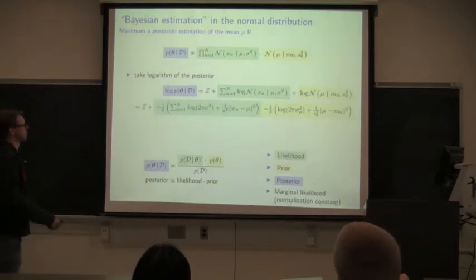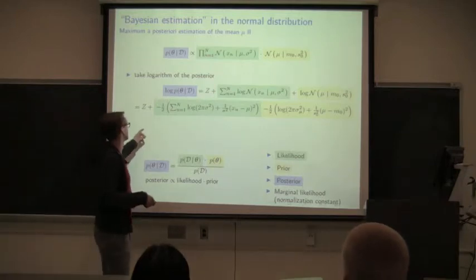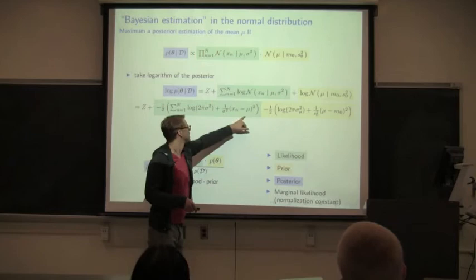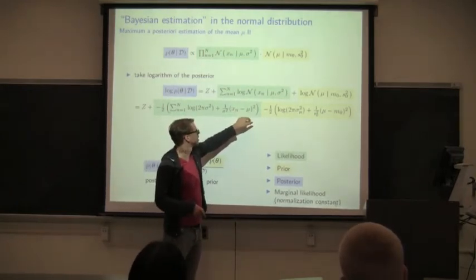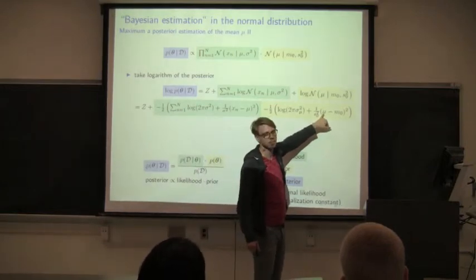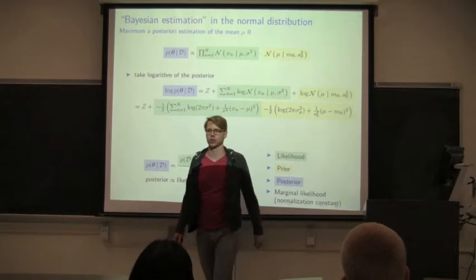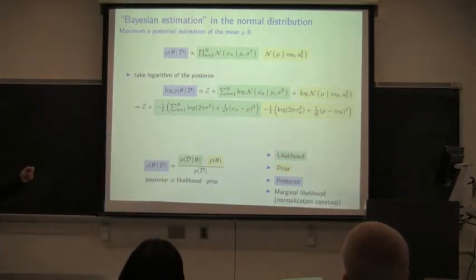Plugging in the formulas, we see that we have something that is now squared in the data, so it measures the squared difference of the data and the parameter, but it also measures the squared difference of the parameter to its mean, where the mean is the prior mean. It's what we assume the mean would be. If we don't know it, then usually that is a 0.